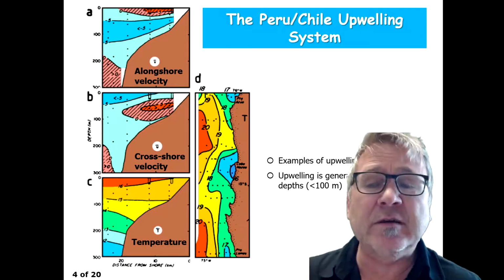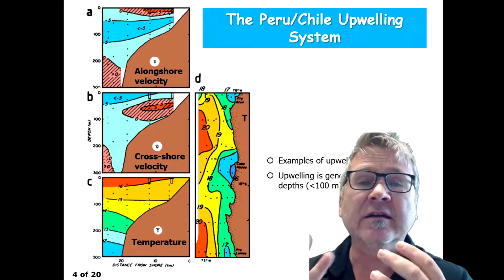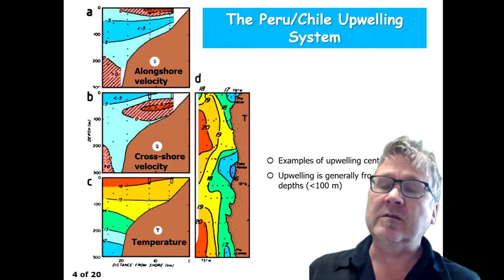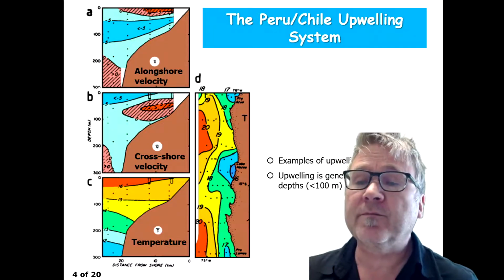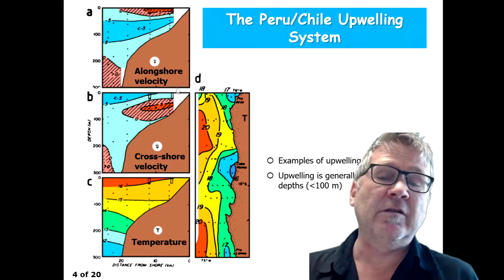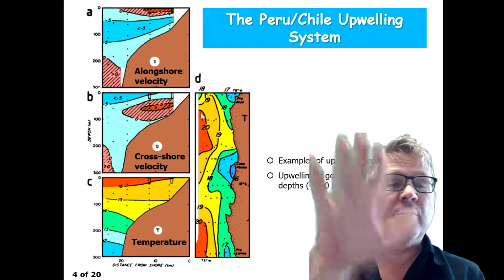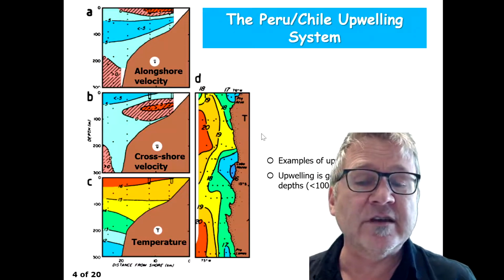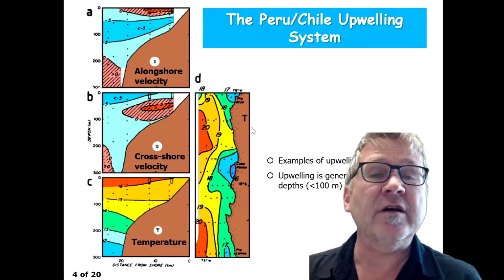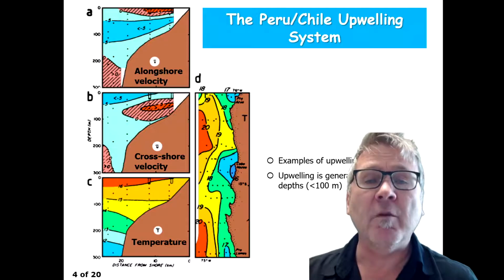It's not only CTD, but also current meters that determine the horizontal flow component. Now, for example, let's have a look at panel D. Panel D is a top view. It's essentially the surface distribution of temperature, but not from a satellite, determined from the vessel.